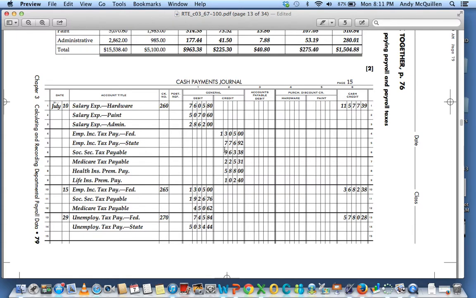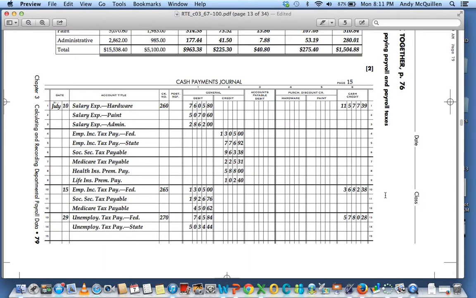Remember, the employer and the employee have to pay in. So that number is doubled, and it always will be. Medicare is in the same boat. The employer and the employee have to pay, so that is doubled. So then you add those up, and that's how you get 3682.38 in your cash credit.